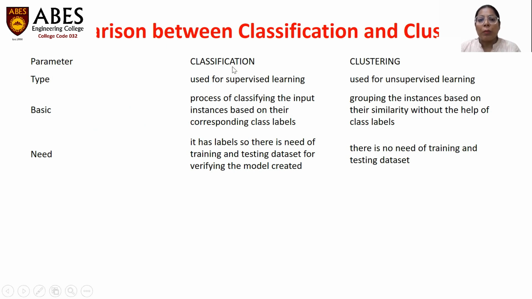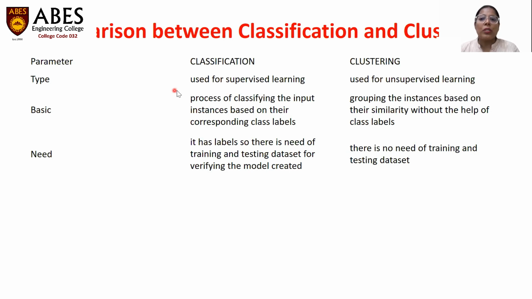Classification is an example of supervised learning. Many of you may not be familiar with supervised learning and unsupervised learning, so I will explain this in short. Supervised learning is learning where supervision is there, where guidance is provided, where data is labeled. It means you have input and output.